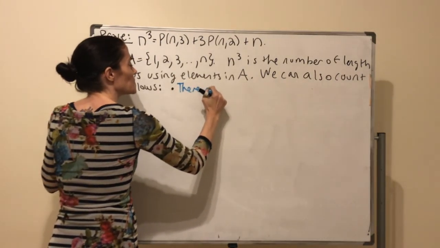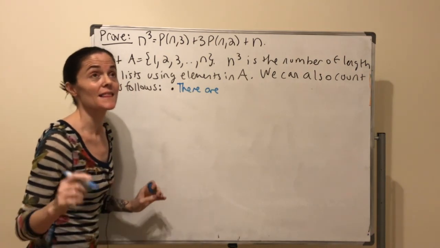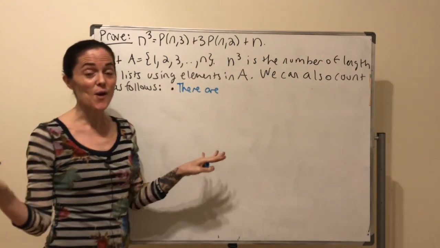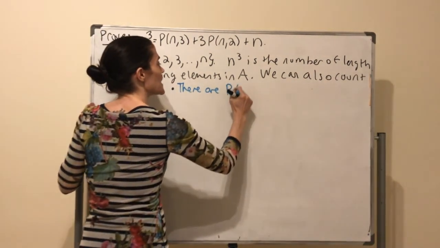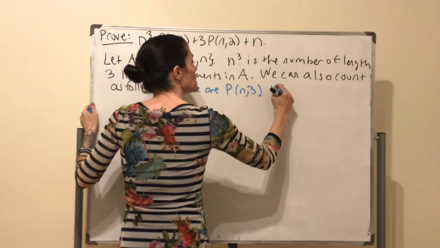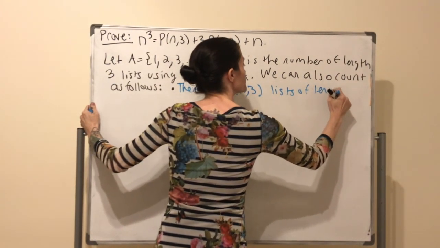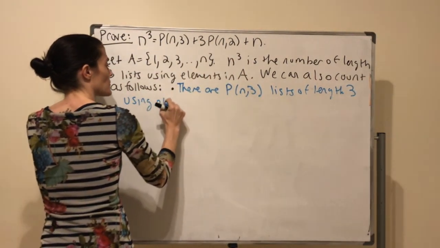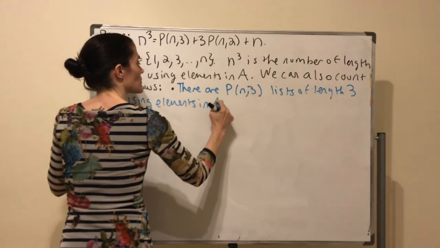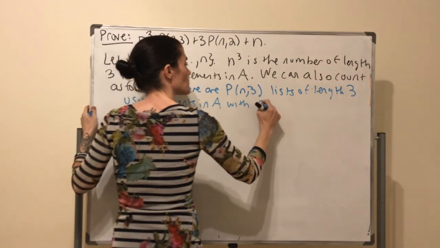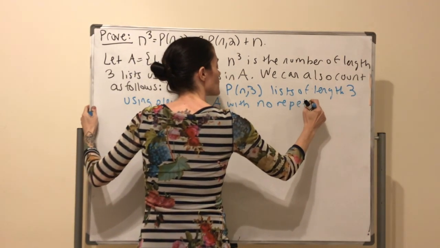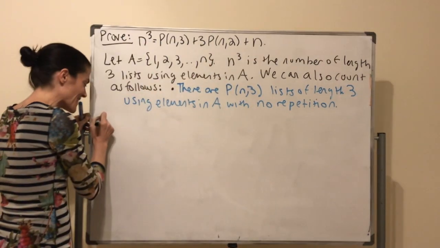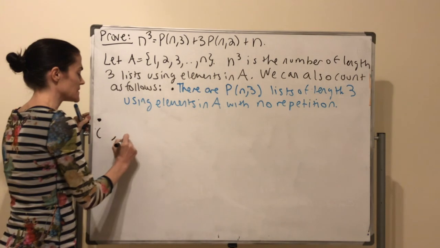What's the first one we see? P(n,3). This is the number of lists of length 3 with elements in A and no repetition. So there are P(n,3) lists. What else do we have? Well, let's think of a list of length 3.